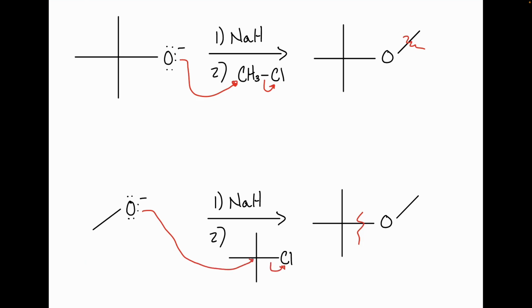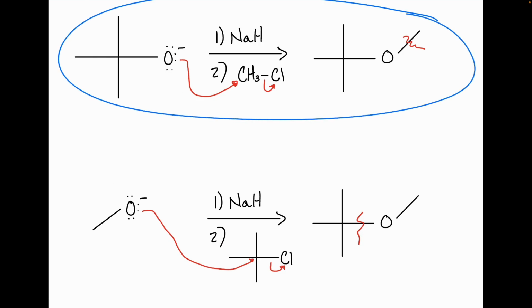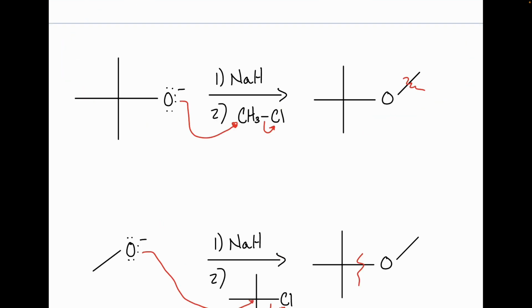Which one of these two is going to be more efficient here? The top one where my alkoxide ion is attacking that methyl carbon, or the bottom one where my alkoxide ion is attacking this tertiary carbon here? The more accessible carbon is much easier to gain access to. So this top combination here, where the big group is the alcohol fragment and the smaller group is your alkyl chloride, or alkyl bromide, whatever it is.